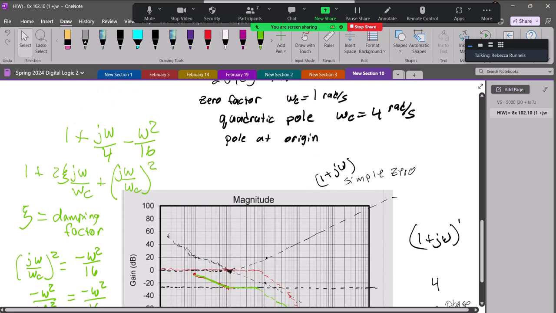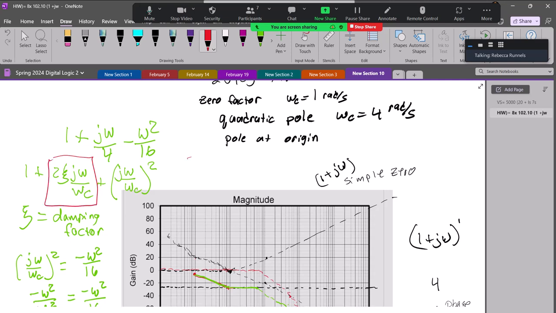So now I go back and I plug omega c into this, and I get 2c j omega over 4, because I just found that, and that has to equal this term.